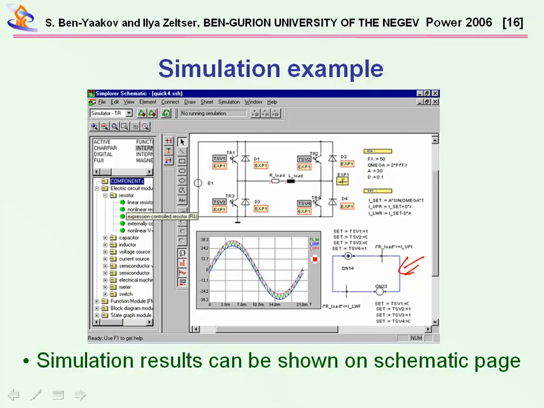Logical decisions are being made as to whether the current is lower or higher than the reference levels, and this will activate the switches of the bridge. And the nice thing about it is that you can see in one window both the schematics and the actual simulation result, which is very friendly when using it.